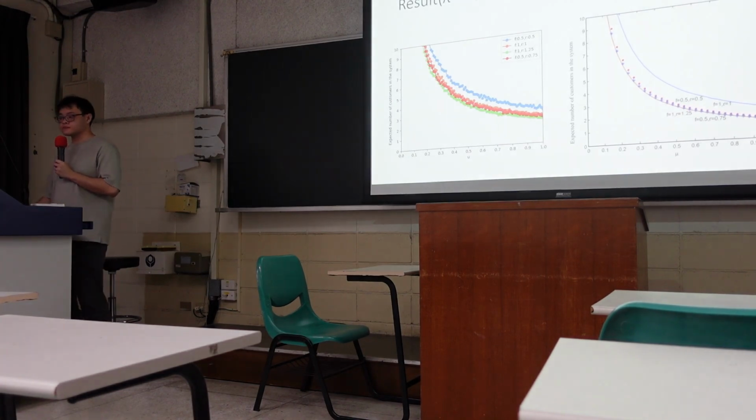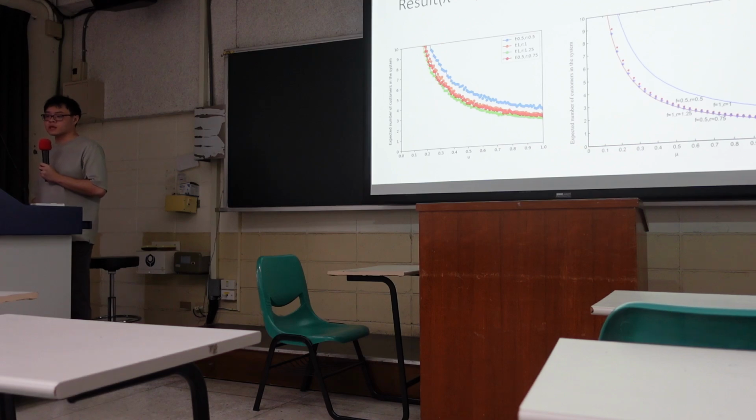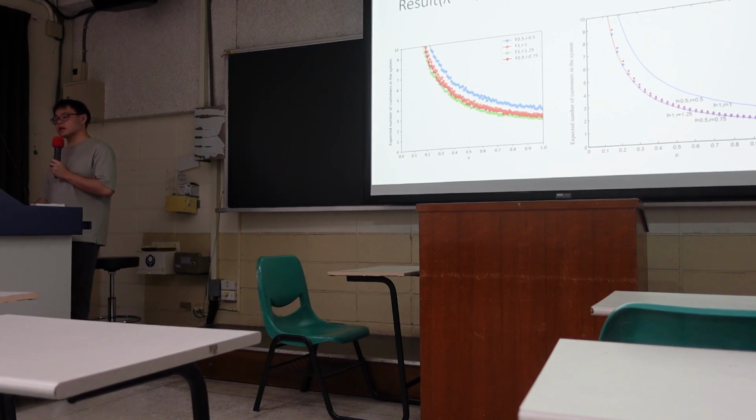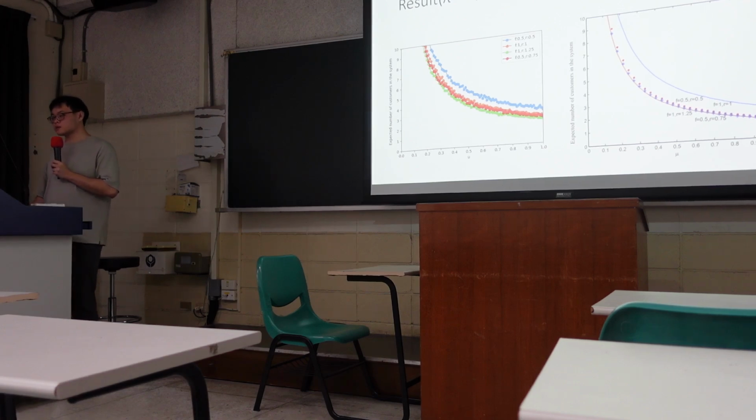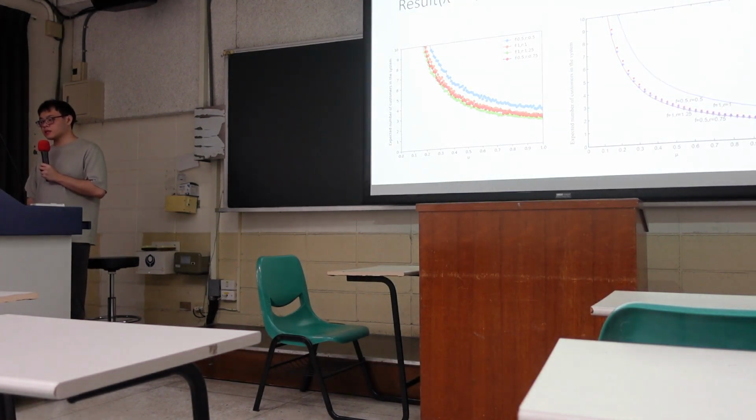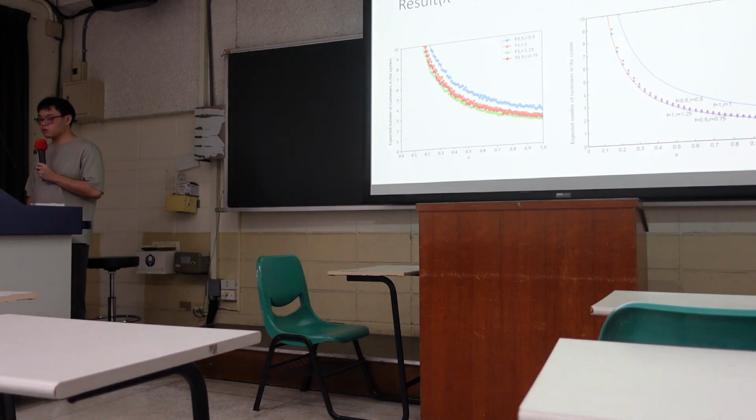And this is the result of lambda equals 1, mu plum equals theta plum, mu equals theta, and mu equals 10 mu plum. And we can see the number of customers in the system decreases while the service rate increases. At the same time, a serious interruption causes the values of F and R to have more significant effects on the expected number of customers in the system.